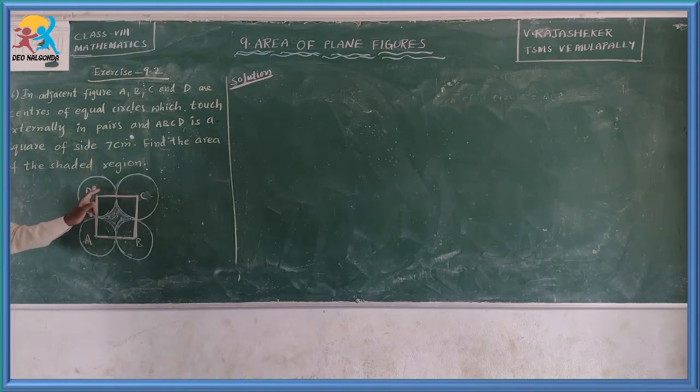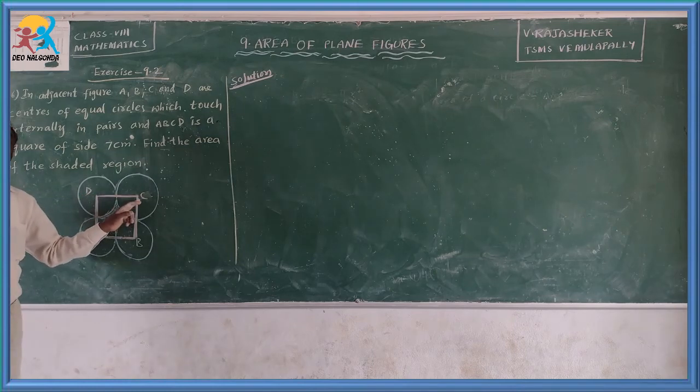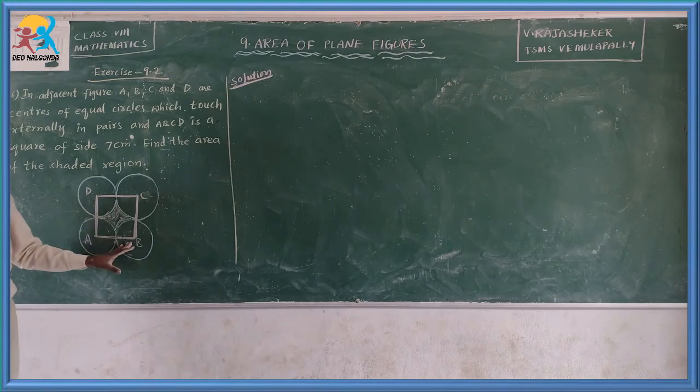So these are all equal circles touching externally in pairs. This circle touches 1 and 2. Like this, in pairs it touches, and by joining these centers, we got a square.